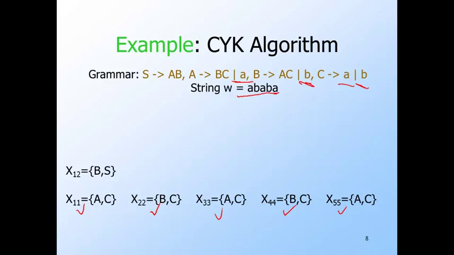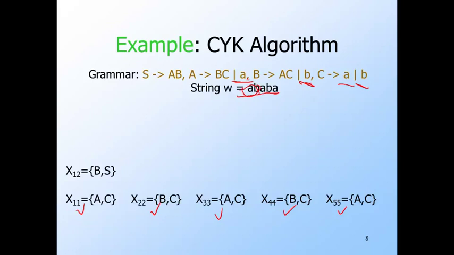Now we need to compute the 4 entries in the row above. These are the sets of variables that derive substrings of length 2. Here's one example, X12, which is the set of variables that derive the string in the first positions of w, that is, AB. When j is i plus 1, k can only be i.